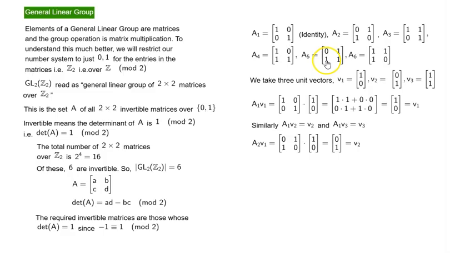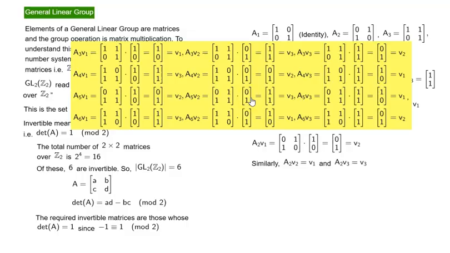Now let's take A2 and compute A2 V1. So [0, 1; 1, 0] times (1, 0), which gives us 0 times 1 plus 1 times 0, which is 0, and 1 times 1 plus 0 times 0, that is 1. (0, 1) is V2. Similarly, A2 V2 gives us V1 and A2 V3 gives us V3. Now, I'm not going to do all of them one by one, so let me just show it to you like this.